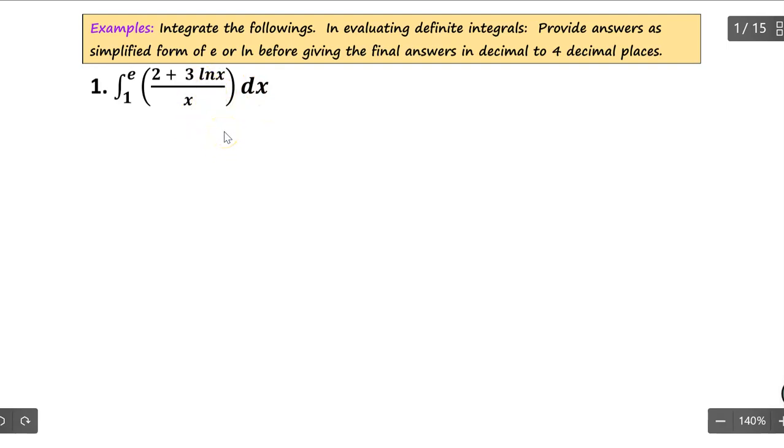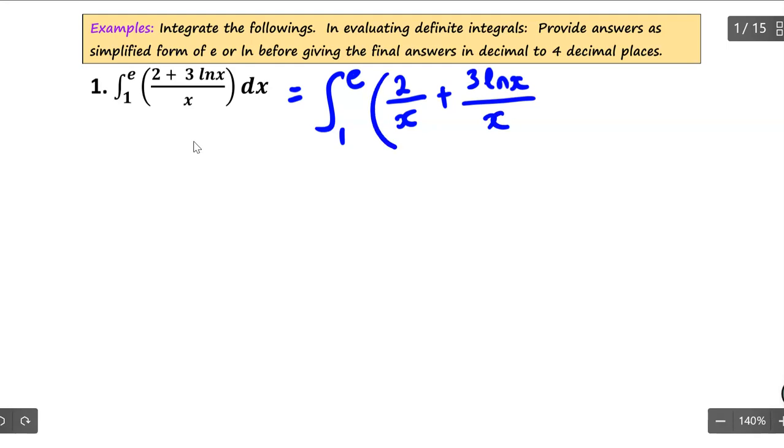The first thing I would like to do is to break this expression into two fractions. So I will write it as the integral from 1 to e of 2 divided by x plus 3 ln x divided by x, all of it as the integrand with the differential factor dx.